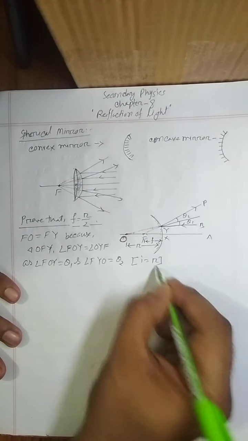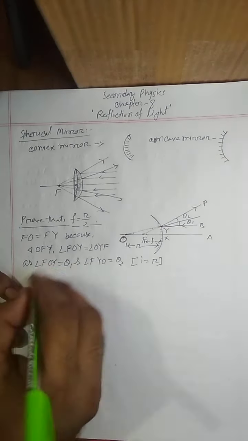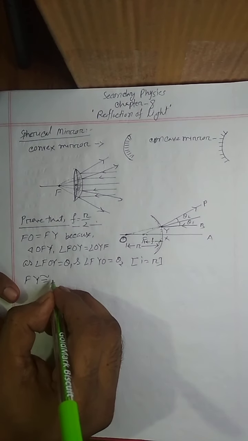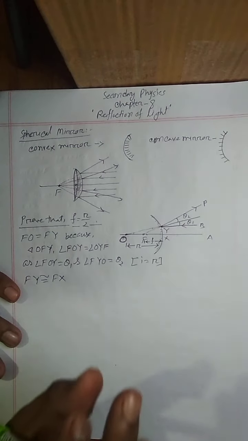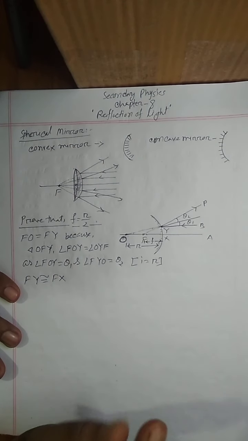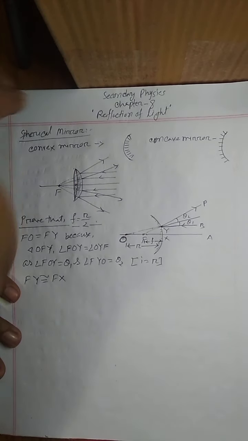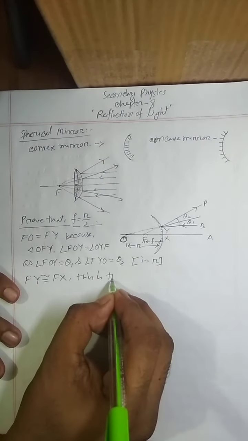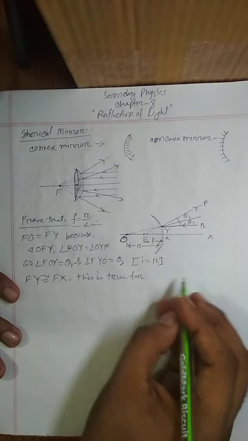R is equal to R. And FY has to be equal to FX. They are very small and closer to each other, and this is true for most cases.